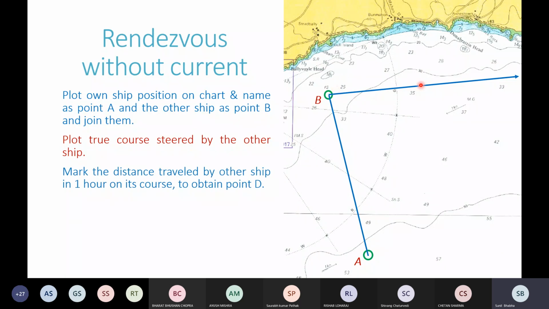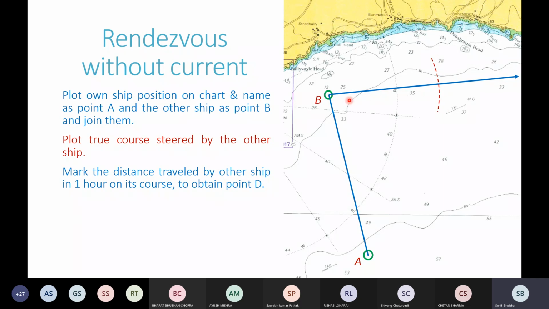Now on this course line, we have to mark the distance traveled by the other ship in 1 hour on this particular course. So we will open up our compass equal to the distance covered by the other ship in 1 hour, center our compass at B and draw an arc. So you can see this arc.